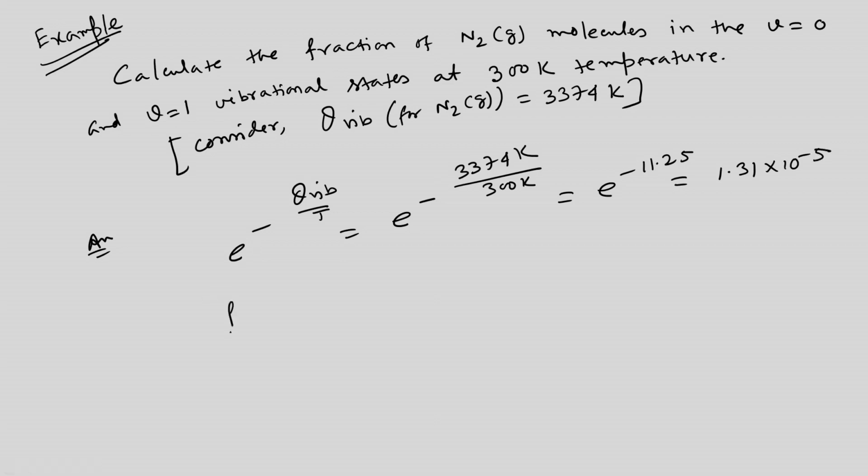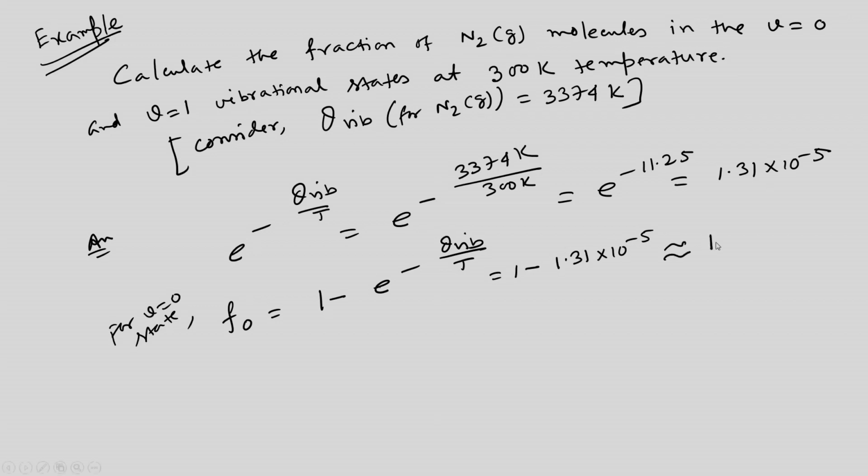Okay. So, what is f0? For the v equals 0 state, the fraction of molecules f0 is 1 minus e to the minus theta vibrational by T, so we get 1 minus 1.31 times 10 to the minus 5, which is close to 1. Okay.